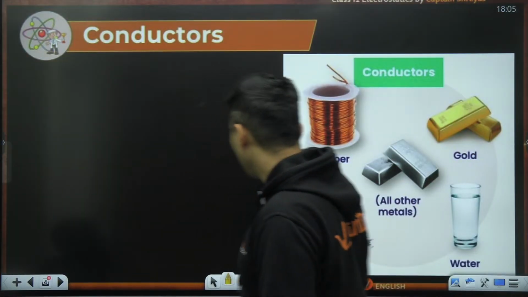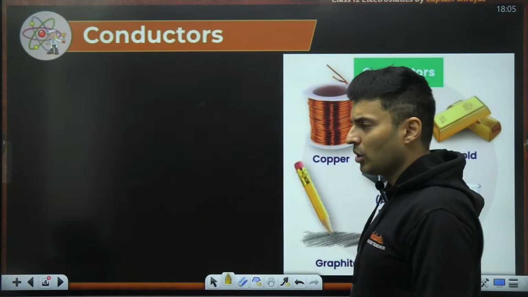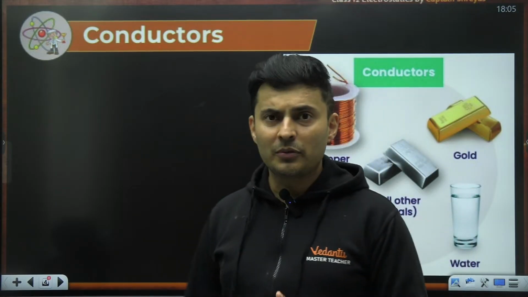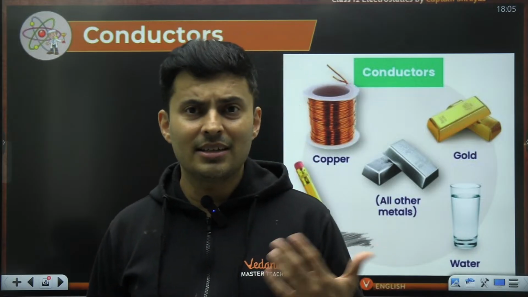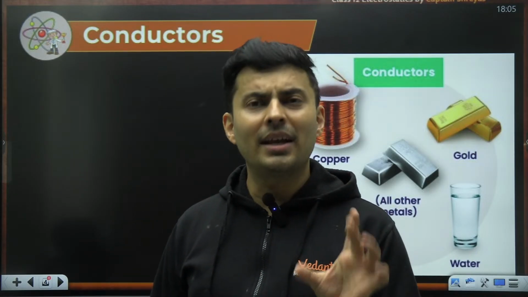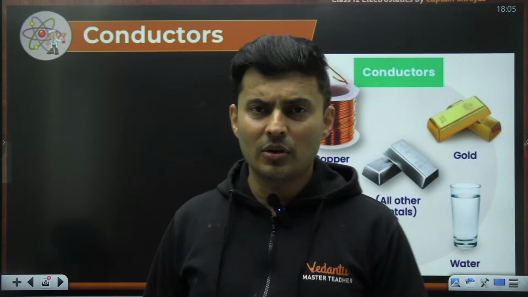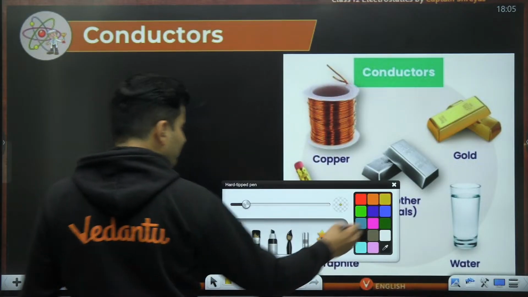Conductors, like we have talked about the different types of solids based on how they conduct electricity or not. Conductors are the ones which conduct electricity when you connect a battery or apply a voltage across them.